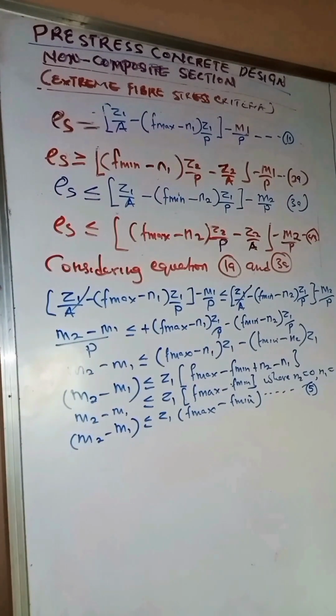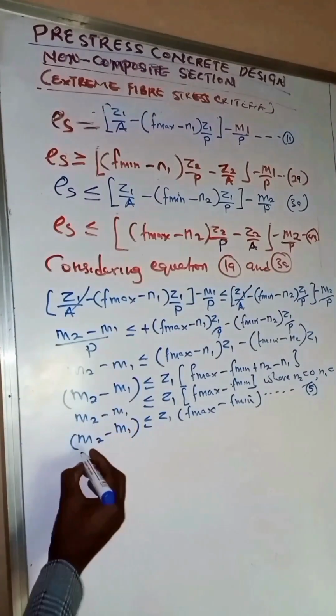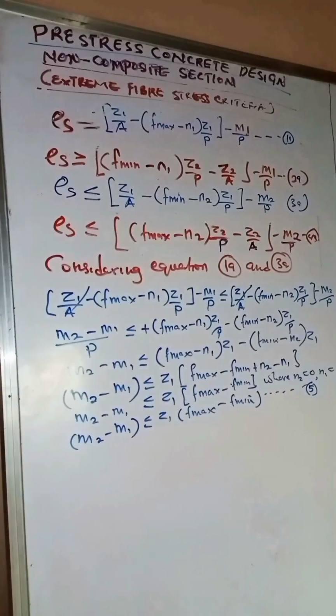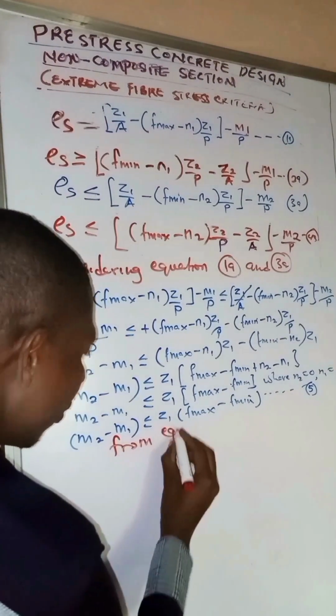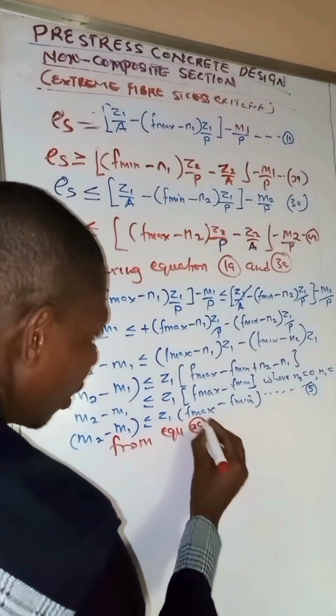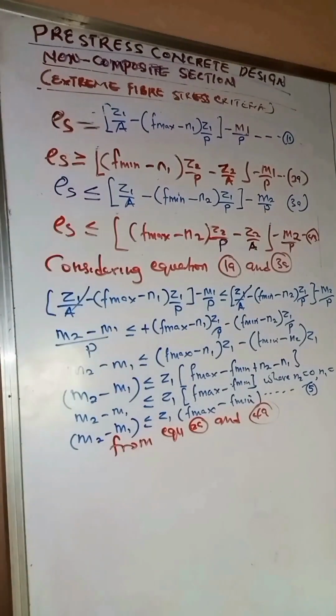But let's derive all the necessary equations. We'll compare them to the equation of a straight line. So from equation 2a and 4a, let's equate and work it out.